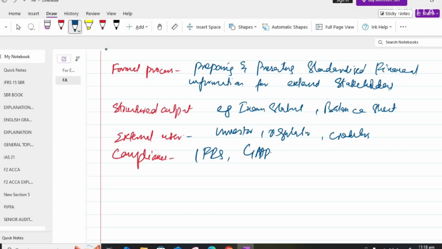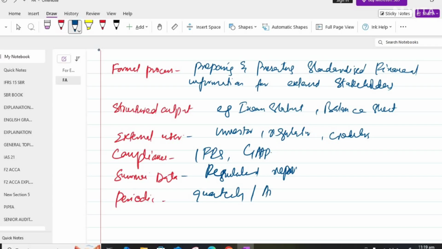Now, this is summarized data, which means we compile the recorded transactions into clear, regulated reports, and typically they are issued quarterly or annually, and that is for external use.